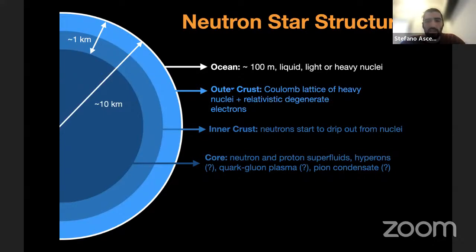The crust is divided into outer and inner crust. The outer crust is formed by a Coulomb lattice of heavy nuclei plus a sea of relativistic degenerate electrons.